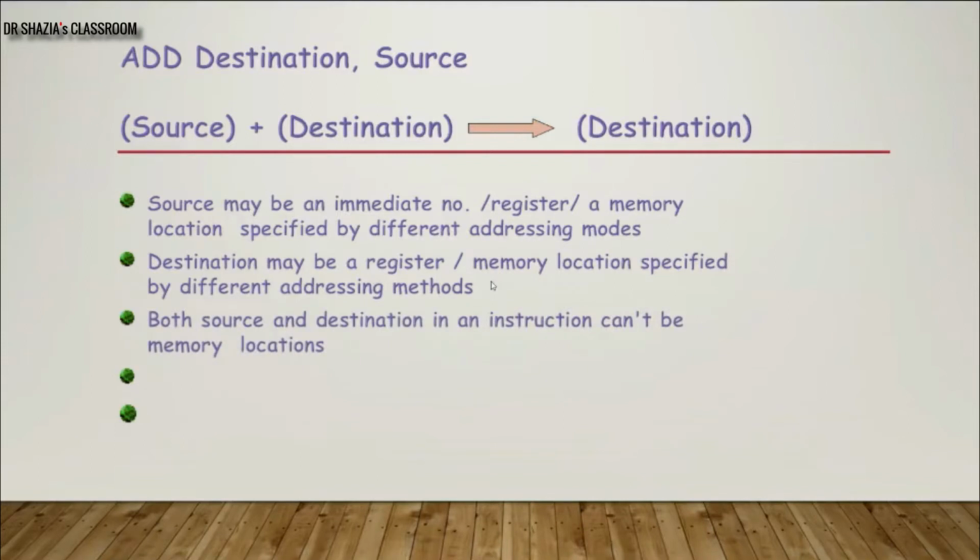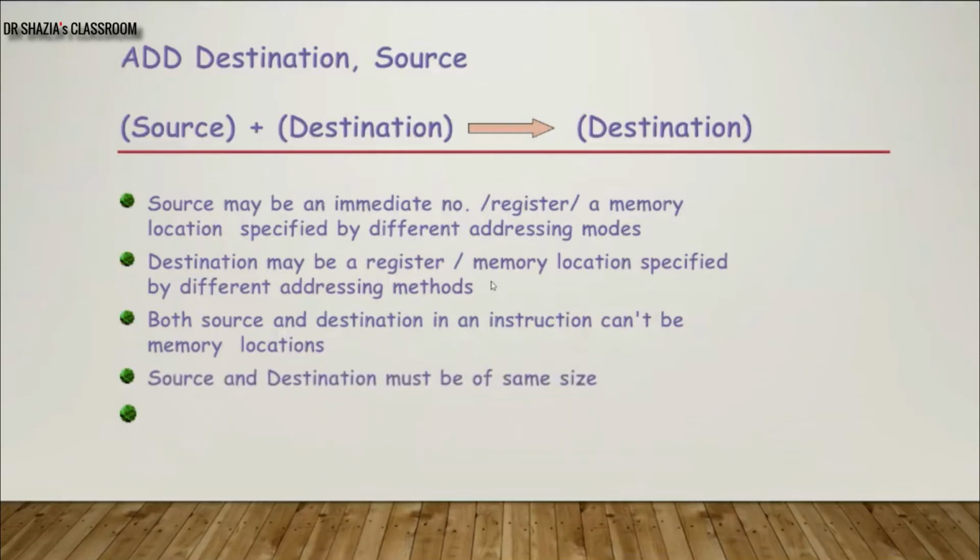Both source and destination in the instruction cannot be a memory location. That means we cannot add two data present at memory location M1 to that of memory location M2. In that case, we have to take a temporary register to do so. Like the move instruction, the add instruction also cannot be applied to add data present in two memory locations directly.